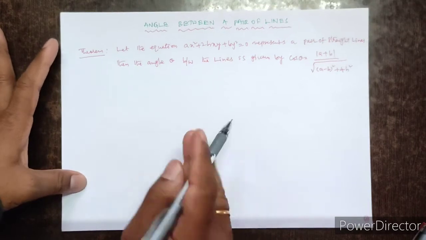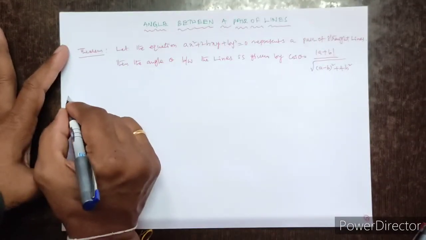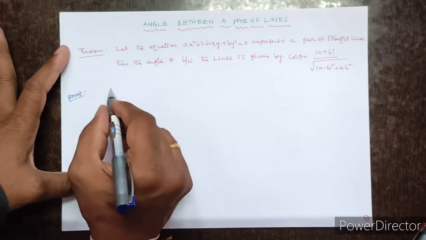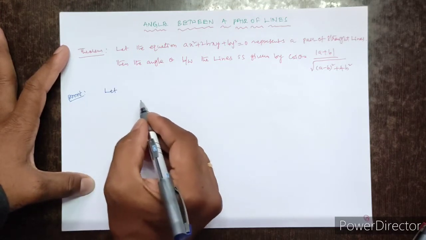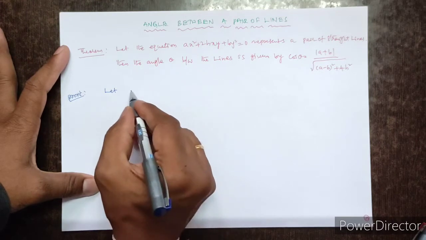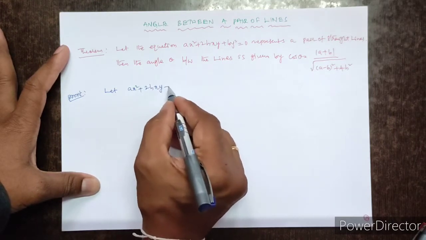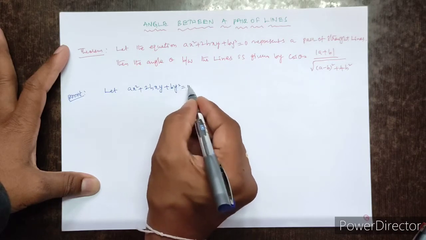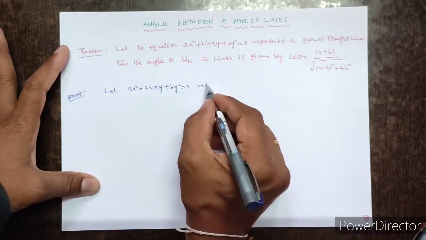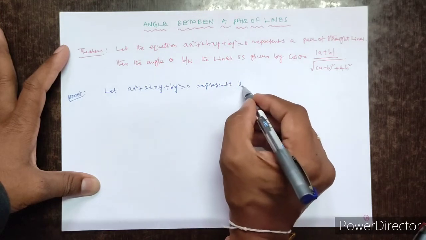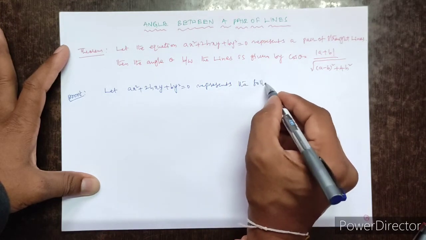To prove this one, let ax square plus 2hxy plus by square equal to 0 represent the following lines.